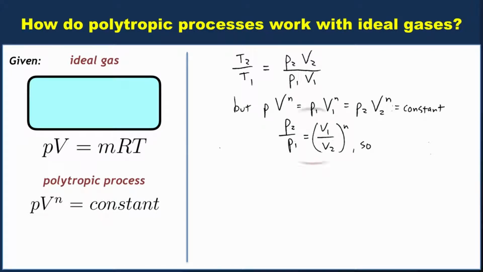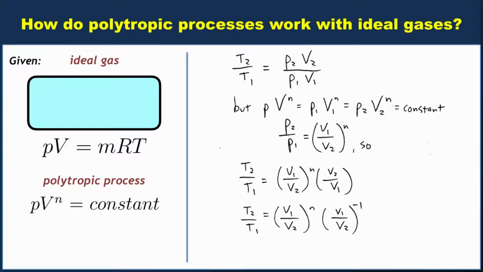So our goal now will be to take this expression and plug it in up here so that we have temperature in terms of volume exclusively for an ideal gas polytropic process. Okay, let's do that. So we plug that in and we get that T2 over T1 is now this combination of volumes, but we're working exclusively in terms of initial and final volume and the polytropic index N. So that second part, V2 over V1, we can write as the reciprocal of V1 over V2.